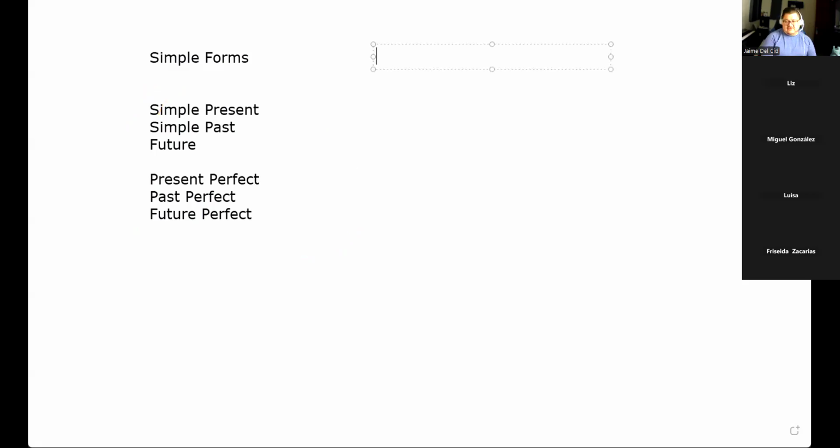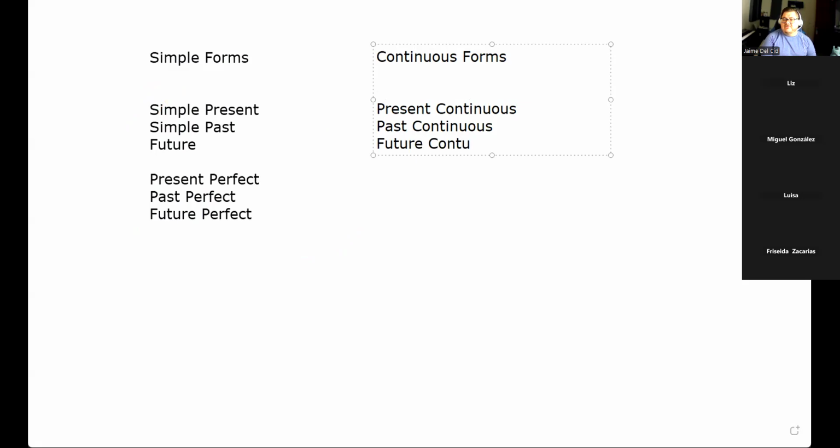And the continuous forms are the tenses as follows. The present continuous, the past continuous, future continuous, present perfect continuous, past perfect continuous, and future perfect continuous.